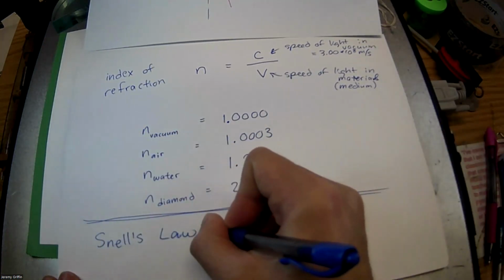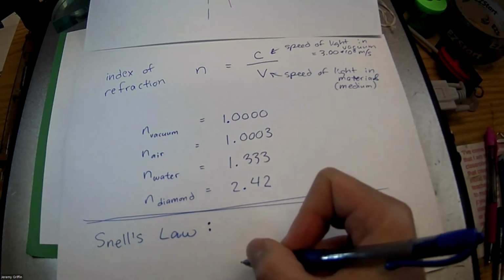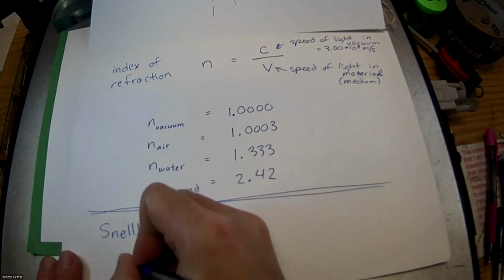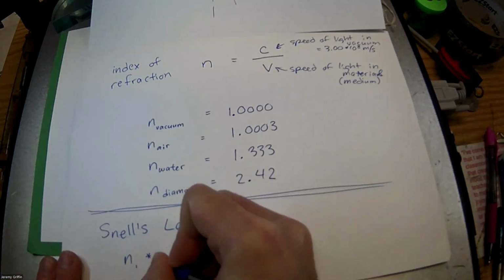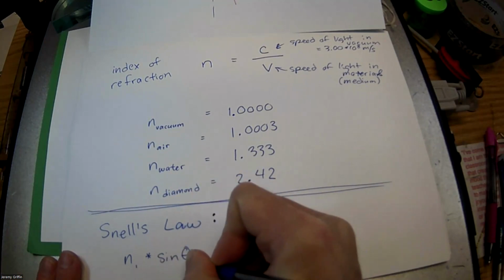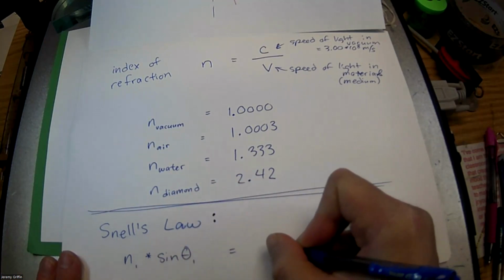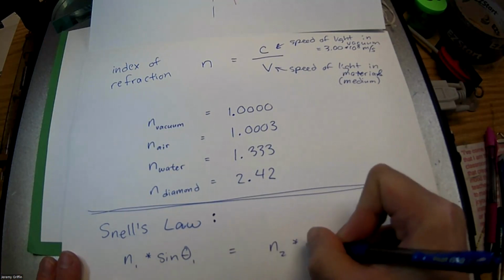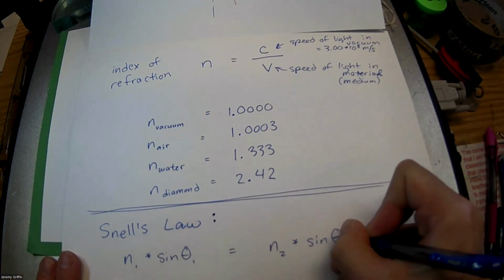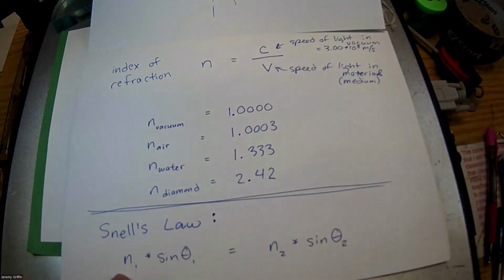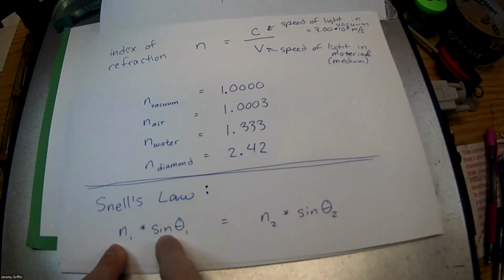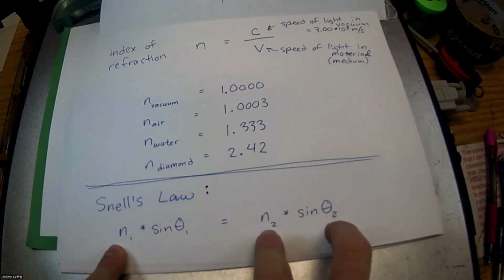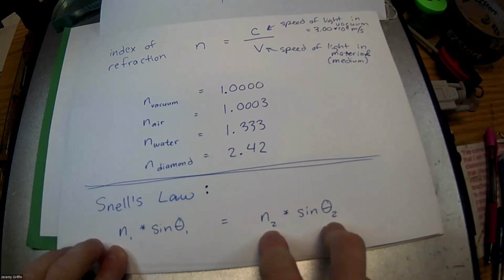It says the following: index of refraction times sine of the angle is equal to the other index of refraction times sine of the other angle. So index of refraction of air times sine of the incident angle is equal to index of refraction of water times the sine of the angle in water.